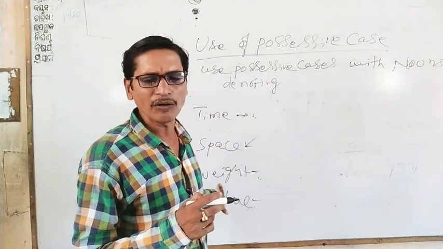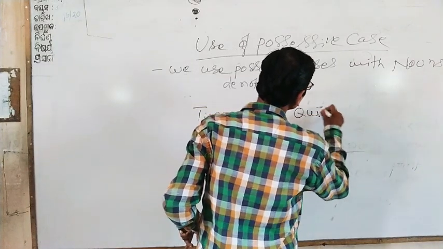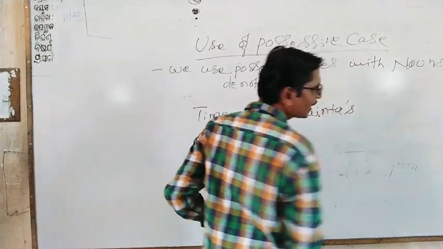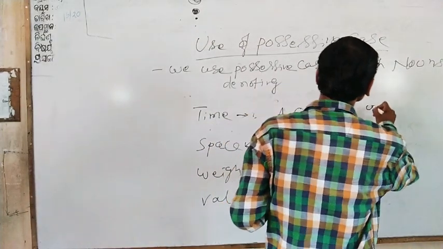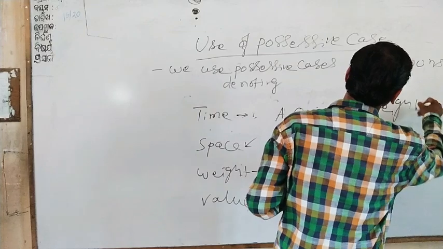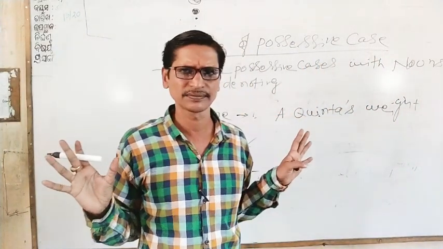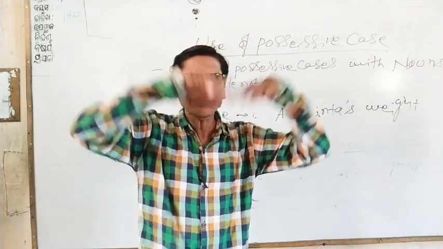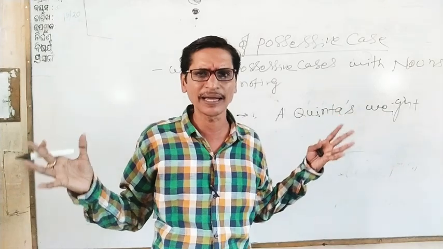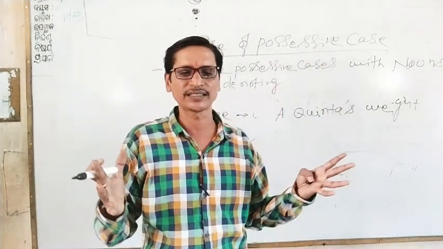How can we write this? A quintal's rice, a quintal's weight. My house has rice, a quintal's weight. That means whatever rice I have in my house, that is up to 1 quintal.